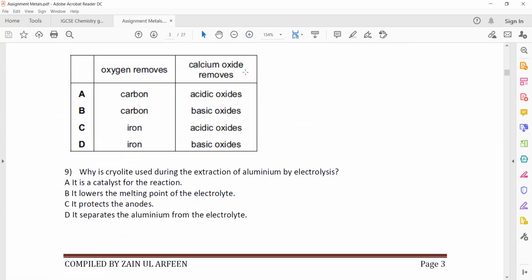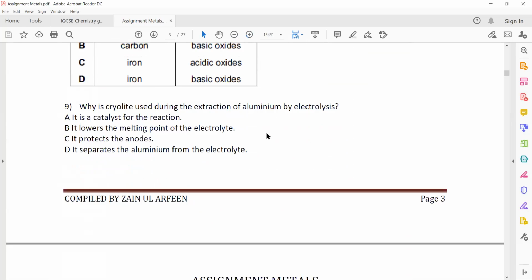Question 9. So for question 9, why is cryolite added to aluminium oxide for electrolysis?